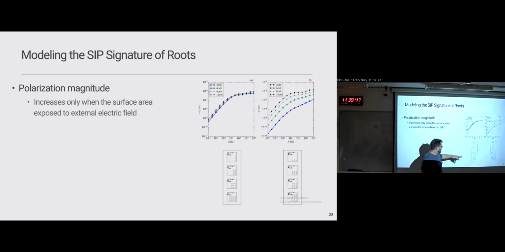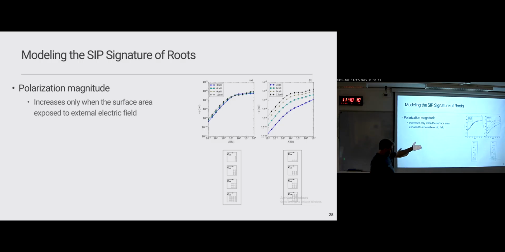And we did the same, but now we added the cells in a different way. So here we had 3 cells directly exposed to the external field. And we added 3 more cells, but the number of cells directly exposed to the external field is the same. And same here. And as you can see, no impact on polarization.